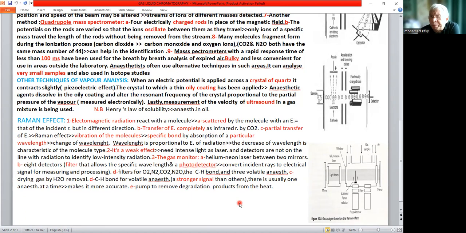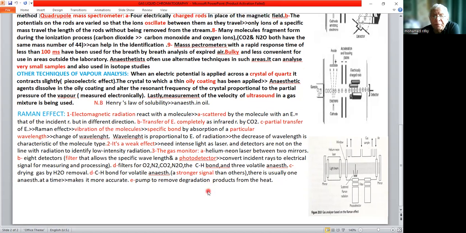This is most probably what happens. This partial transfer of energy is called the Raman effect.